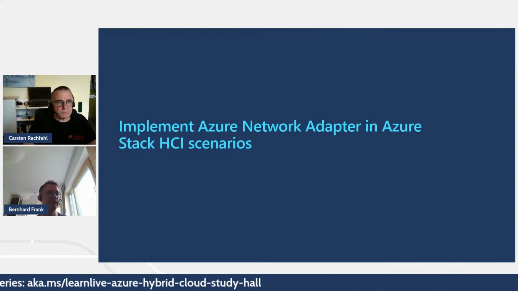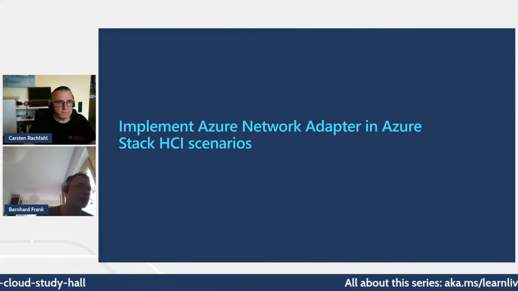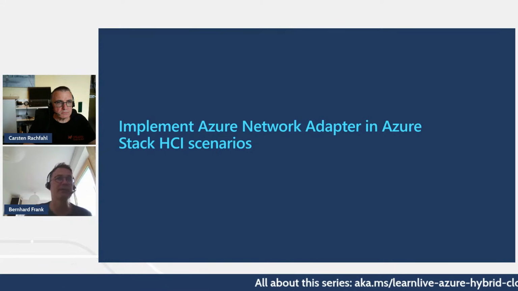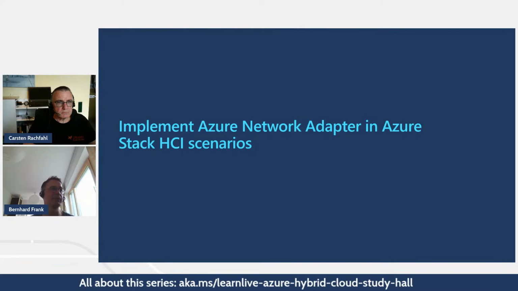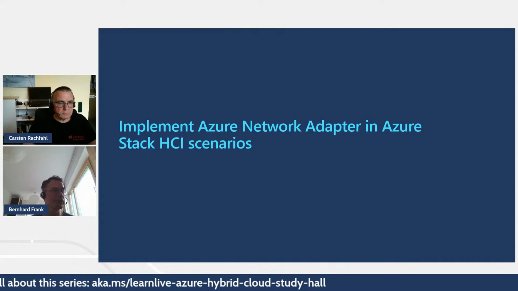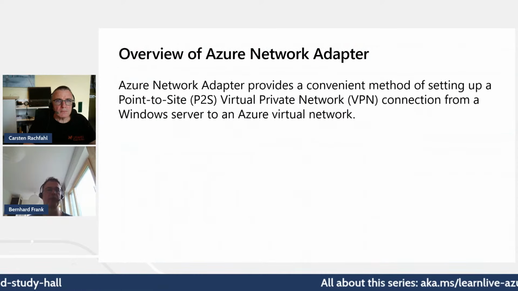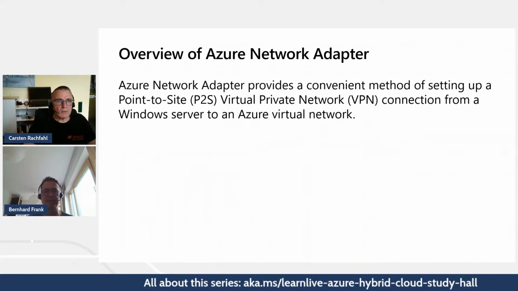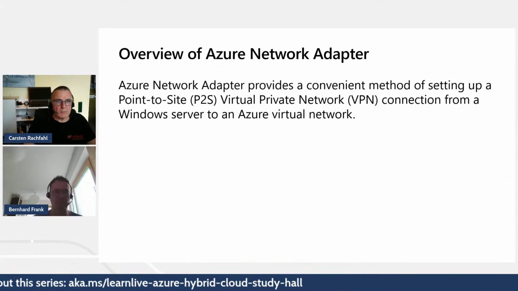You could create a piece of software running in a Windows machine that connects you to Azure. As said here, it's like a point to site VPN connection from a Windows server to an Azure Virtual Network, right?